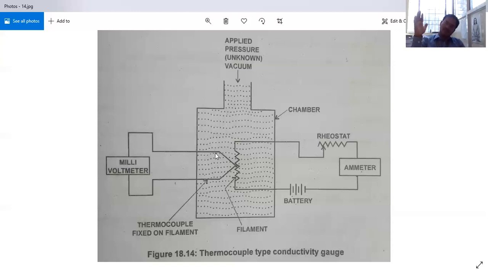For this change, we are getting some linear curves. After a number of repeated experiments, they have calibrated the temperature values. For the change in these temperature values, what is the change in the pressure? So, temperature change in this thermocouple.